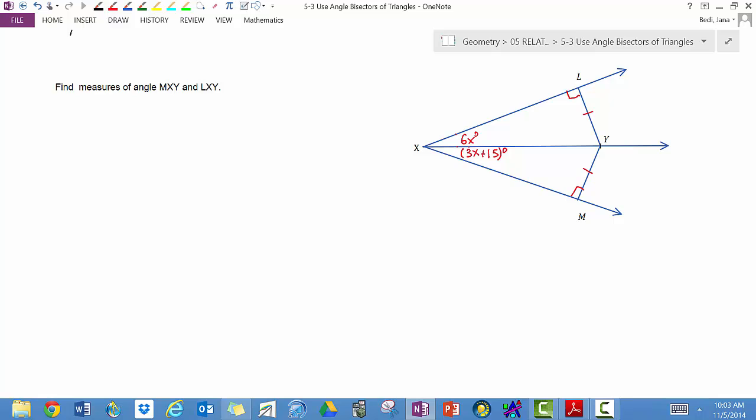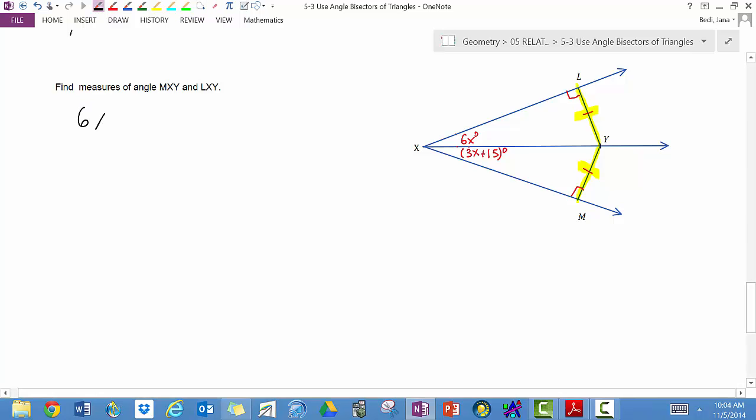However, we can conclude that because we see that Y is equidistant, and the equidistance is shown by these red congruency signs. So because it's equidistant, we can say that the angles are equal in measure.